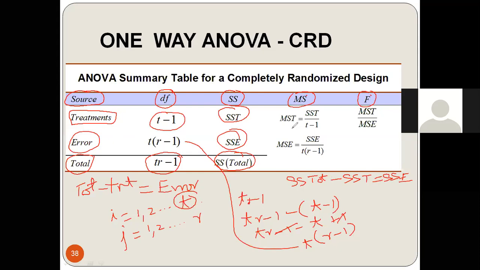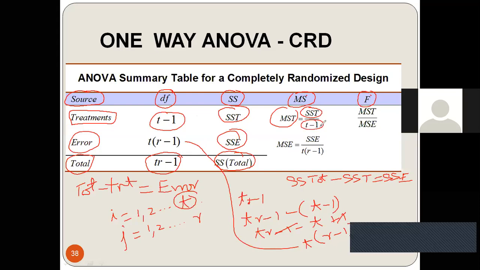Now mean square. Mean square is the sums of square divided by degrees of freedom. So sums of square of treatment divided by degrees of freedom of treatment gives the mean square of treatment. Similarly, sums of square error divided by the degrees of freedom of error gives the error mean square.